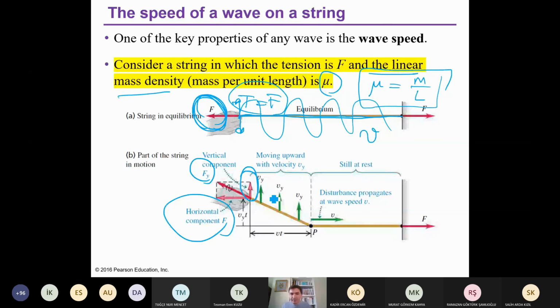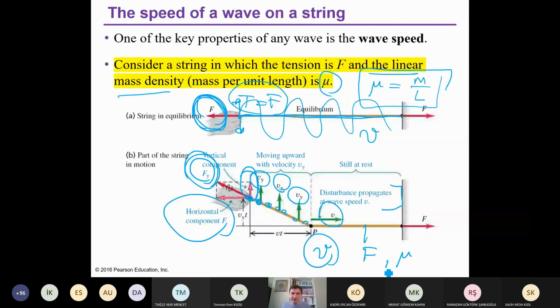Then this moment will be transferred to the other parts of the string with this speed v, or you can tell like this: disturbance propagates at wave speed v. So then what about this v? What is this v in terms of force or tension in the string and in terms of linear mass density of the string, okay?